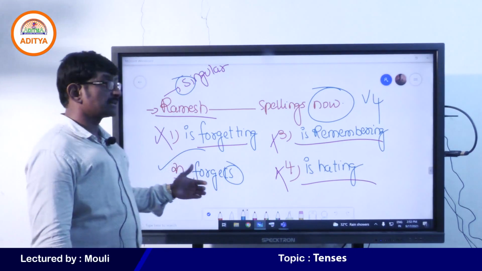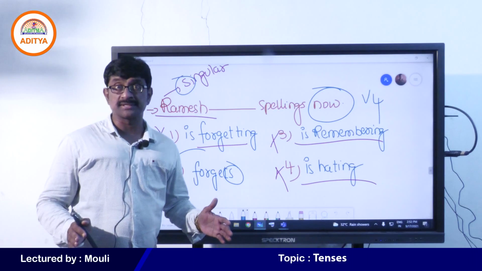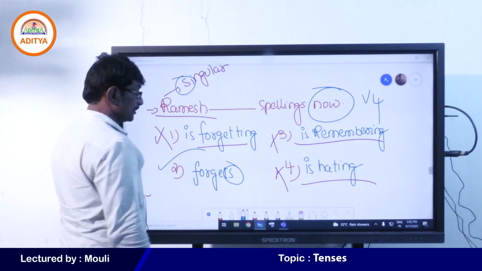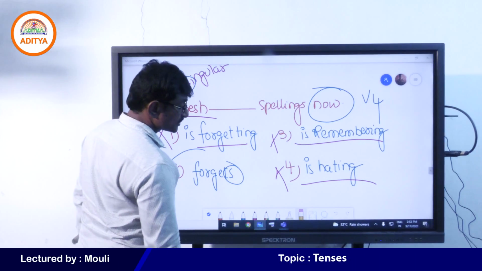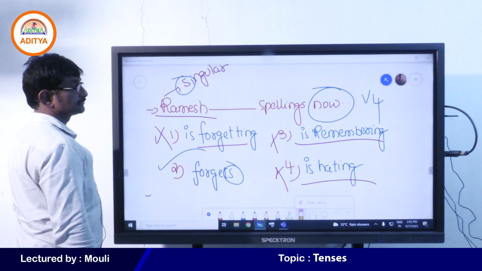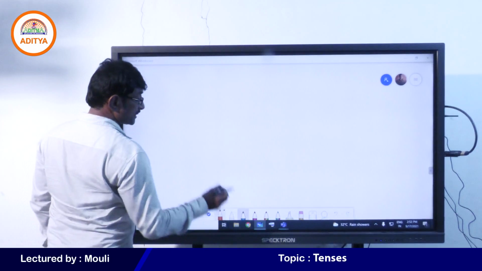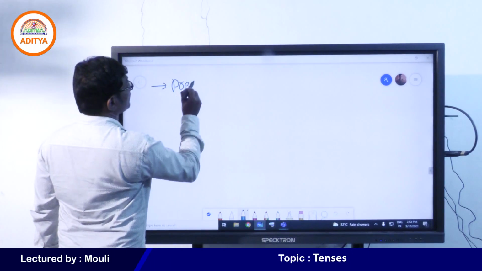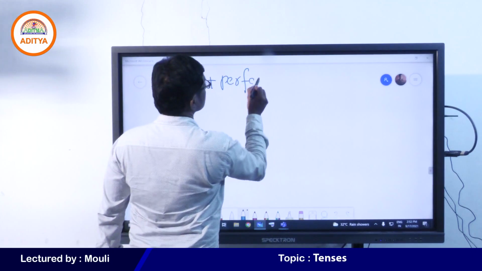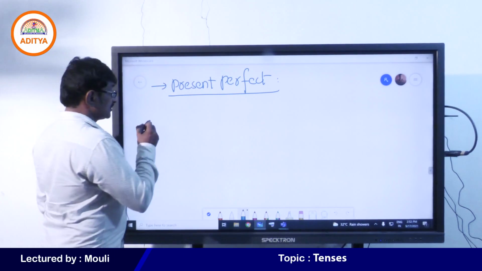Okay, students, let us conclude present progressive tense here, and let us start the next one, that is present perfect tense. Okay, students, I am going to start present perfect tense now. Now you see, students, the heading is present perfect. Now the definition.